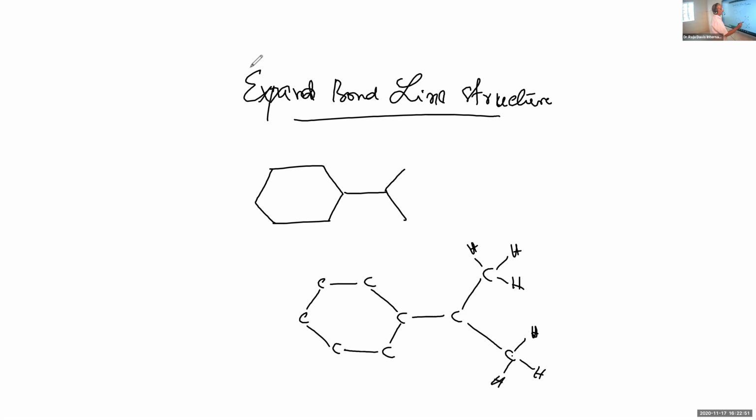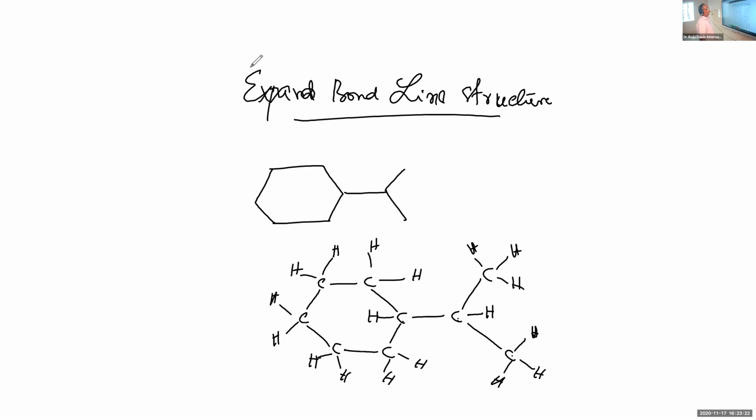On this carbon there will be only 1 hydrogen atom. You come to this, there will be only 1 hydrogen atom. And these two will have 2 hydrogen atoms each, and so on for the rest of the ring. That is the expansion of the given bond line structure.